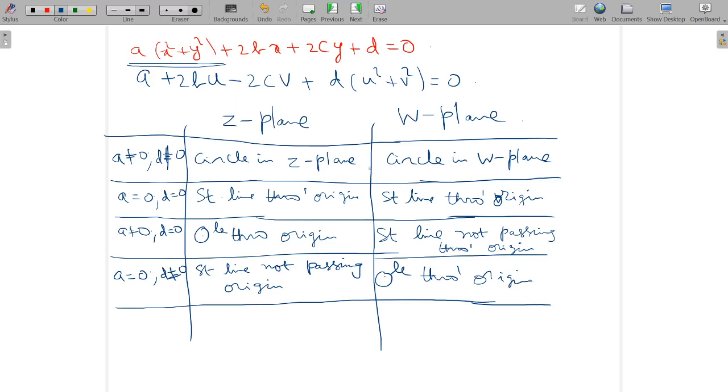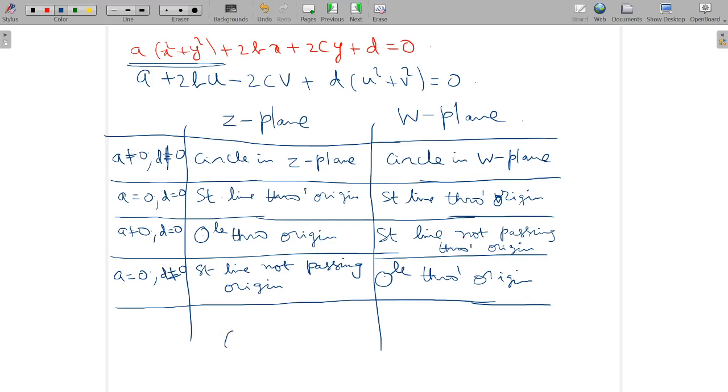circle gets mapped to circle, straight line gets mapped to straight line, with restrictions on a and d, and a circle in some cases gets mapped to a straight line, and a straight line in the z plane gets mapped to circles.